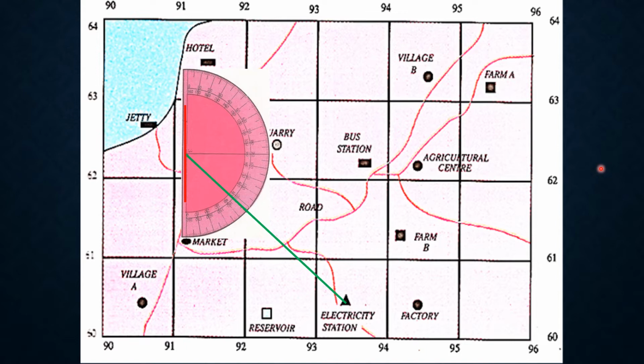So the bearing of the electricity station from the tourist office is 134 degrees. That is the bearing of the electricity station from the tourist office, which is 134 degrees. Let's try another one.